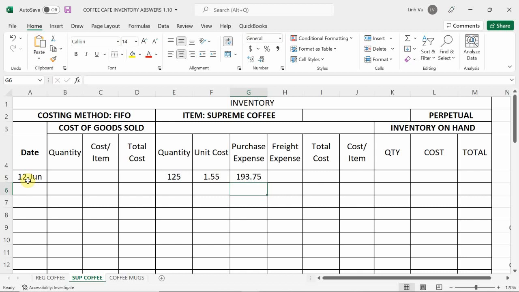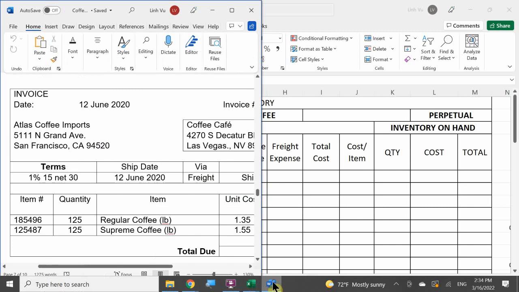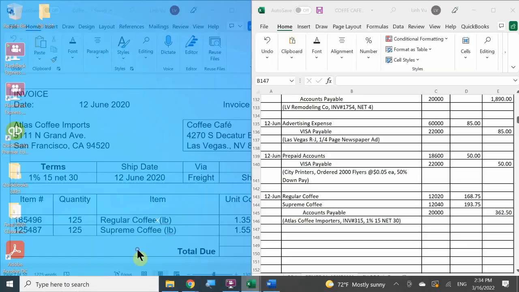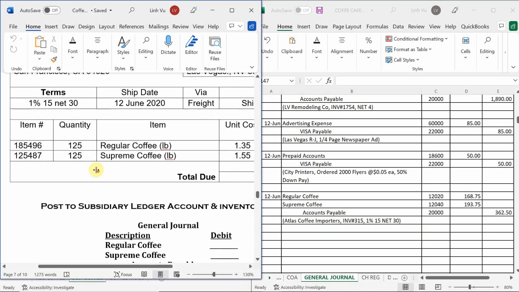We figured those numbers out through our bill. Okay? And I'm going to tell you to stop here because we will incur freight right now. Okay? So now that I entered into my inventory, right? Let's see what happened next.